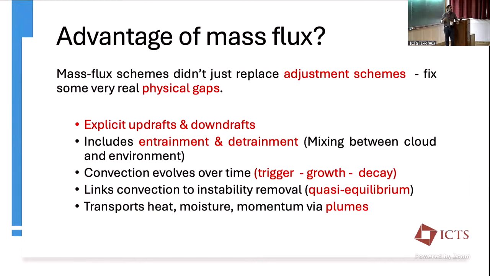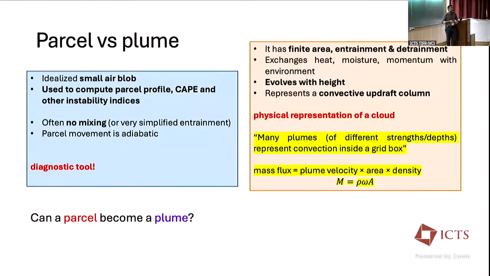Now this word plume we have been hearing for the past couple of days. So I just want to recap the difference between the parcel and the plume. In the atmospheric sense, we generally use the parcel theory we have been studying. The parcel is a very small parcel, like a single point in the atmosphere having the properties of pressure, temperature, and moisture.